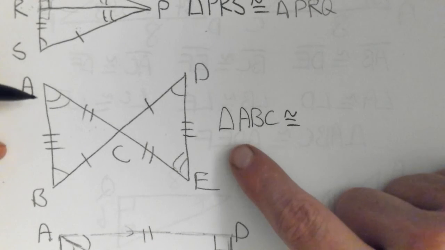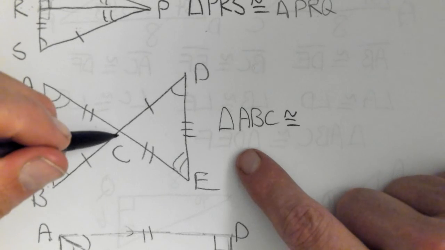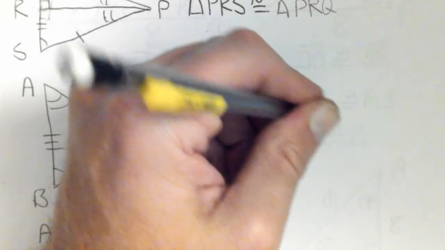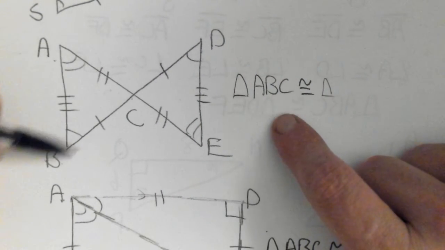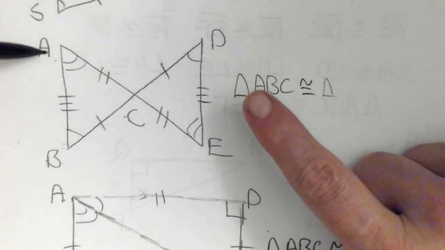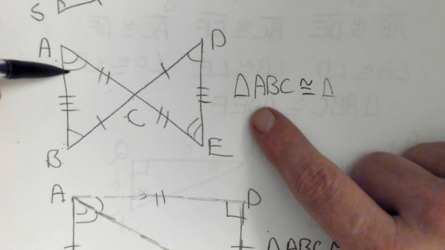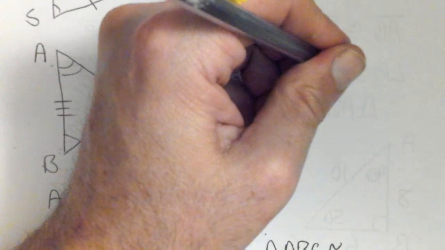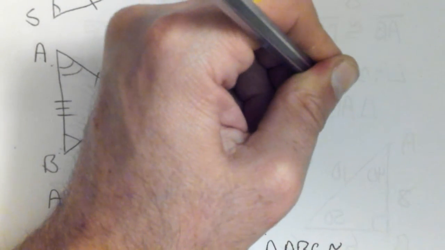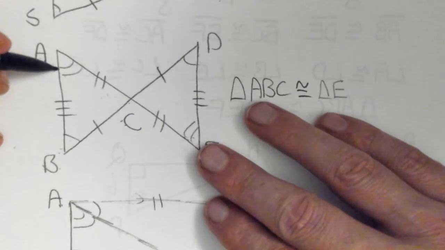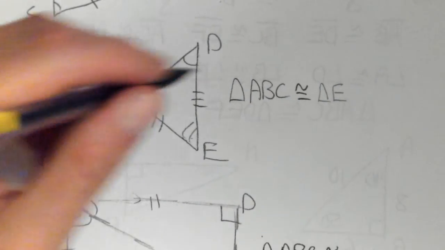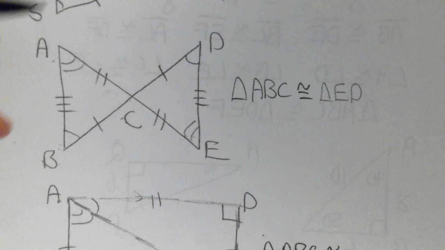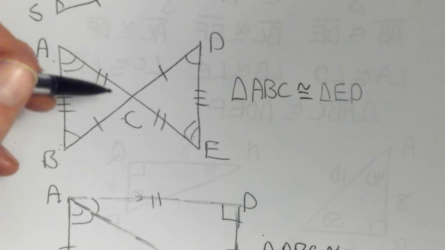So in the next one we want triangle ABC. Alright, we want it to be congruent to another triangle, and let's see by the markings if we can figure this out. So ABC. Alright, so A has 2 marks, so it should match with E, so it's congruent to triangle E something. Alright, so let's just keep going down the line. B has 1 mark, D has 1 mark. Good to go. Okay, and C, what does C match with?